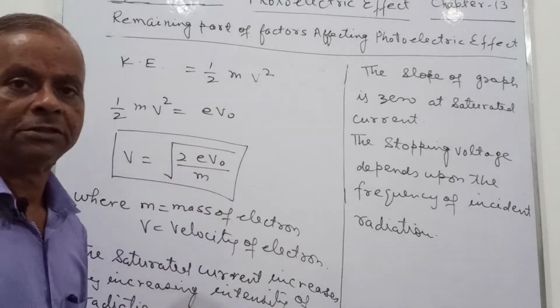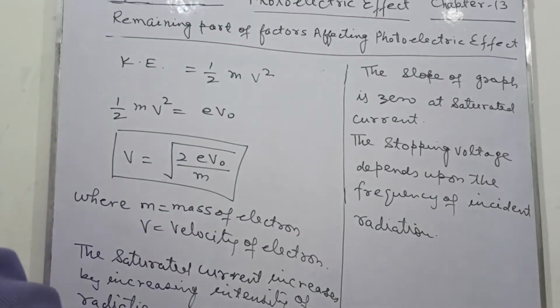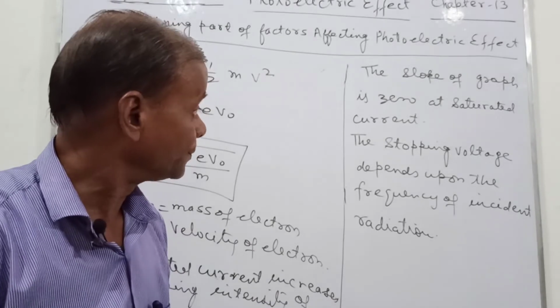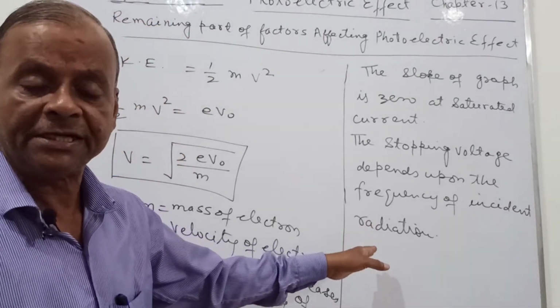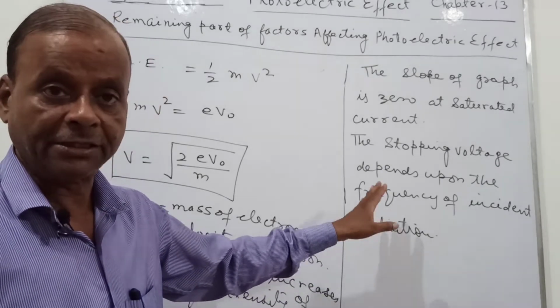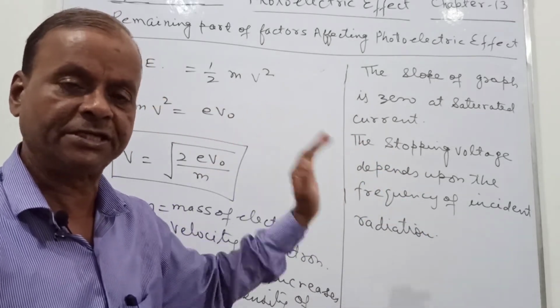This graph shows the variation of the current. When the intensity is constant, the stopping voltage is the same, and the saturated current will differ by changing the intensity of the incident radiation.